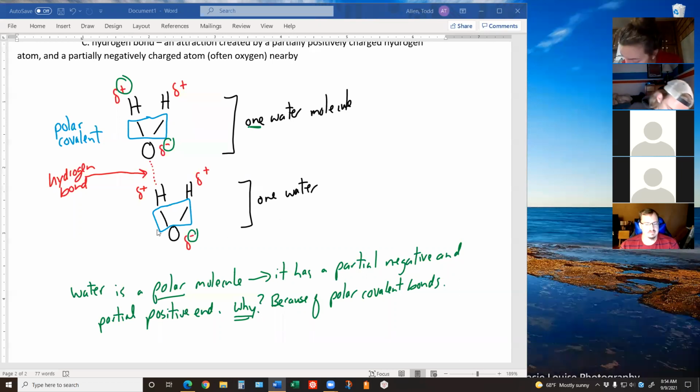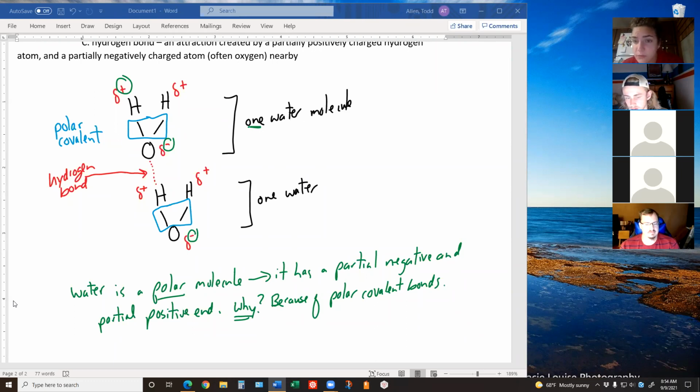If the bonds that are in the blue rectangle were not polar covalent bonds, then the water molecules would not have ends that have different charges. There would not be a hydrogen end with a partial positive, and there would not be an oxygen end with a partial negative.